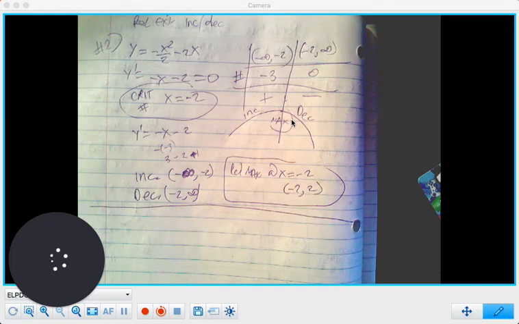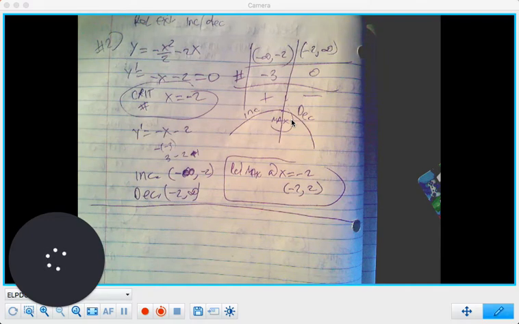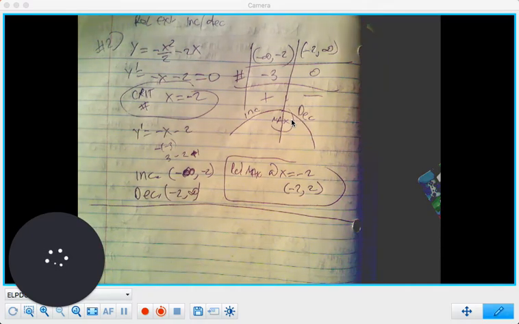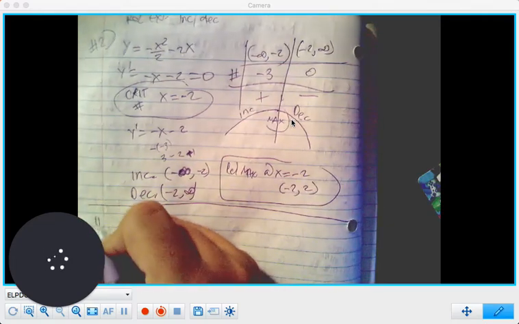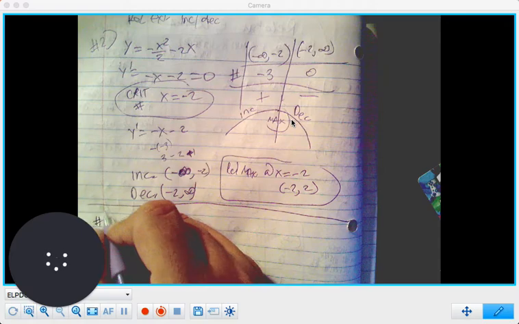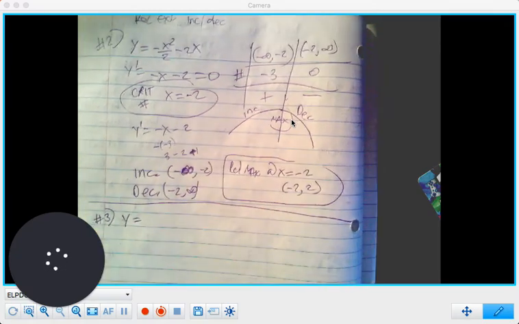Okay, I want to do a fun one, but I can't find one. Well, we'll see right now if we can find a very interesting one. Let me do another easy one. This is the whole thing we're gonna do today because I don't want to get people confused. Let me do this one. Y equals. Oh, do I have a cube?